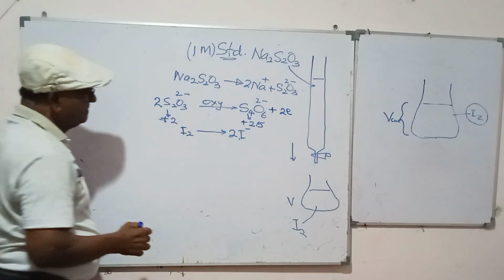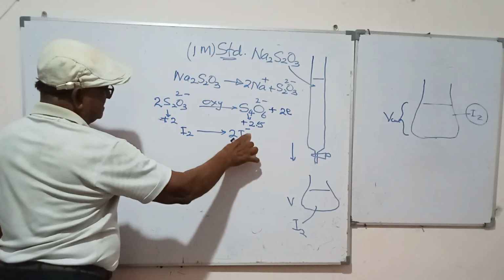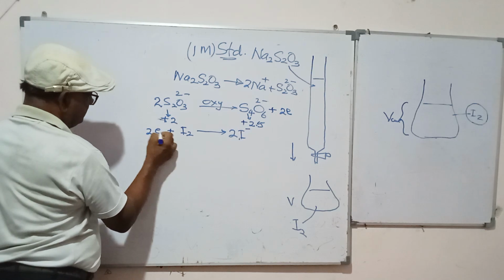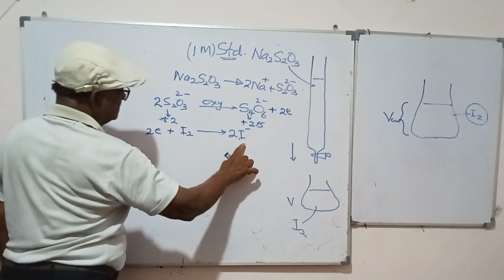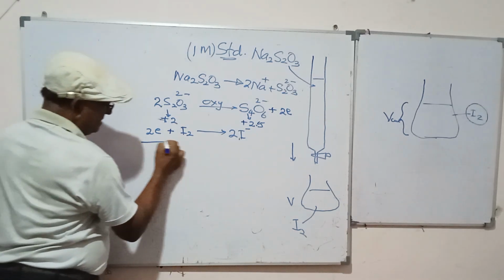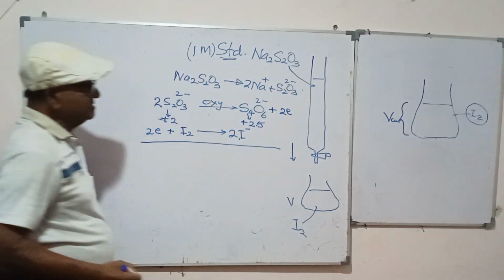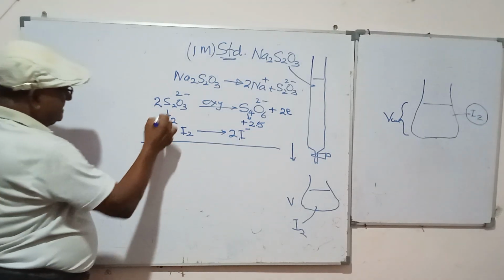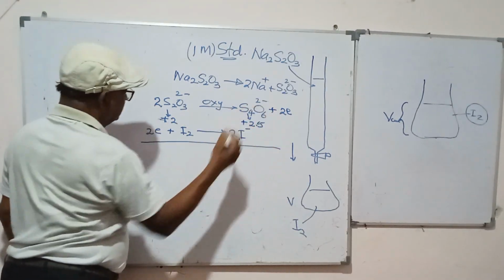Then here I2 plus 2 electrons gives 2I-. This is reduction, and the other is an oxidation. Then we can add these two equations to find the total reaction. Then the electrons cancel.